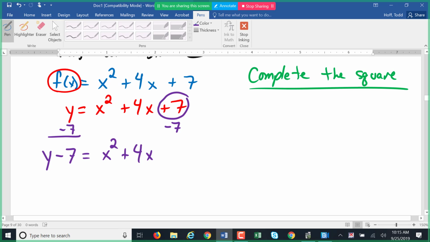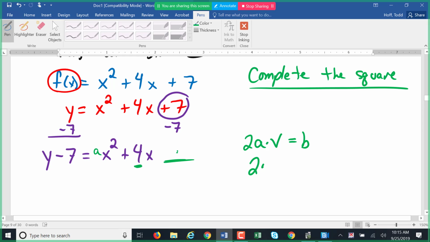So to complete the square, we need to figure out what goes in here. And remember, whatever that value is, the coefficient of x, remember, was the a. 2 times a times that value, I'm going to call it v for now because we already used c, has to equal b, this value, the 4.